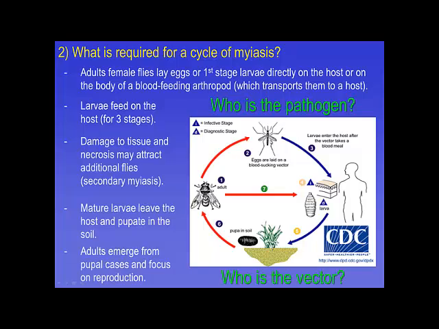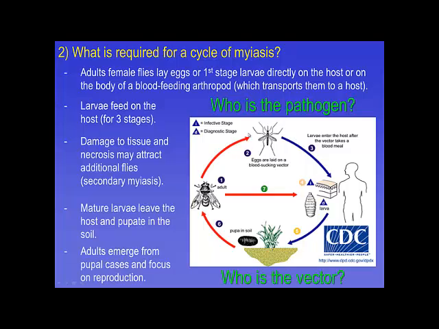And then this mosquito would transport them to the skin of a vertebrate host. So there's two options for getting the eggs or the larvae to the vertebrate host, either directly by the adult female or through attaching the eggs to a blood-feeding arthropod, which then brings them to a vertebrate host.